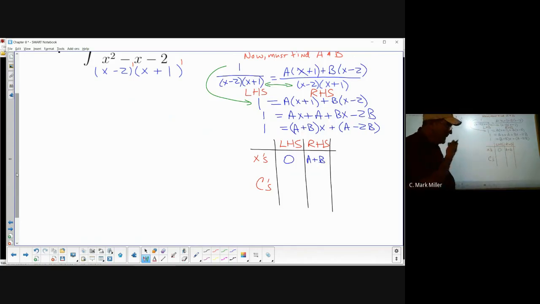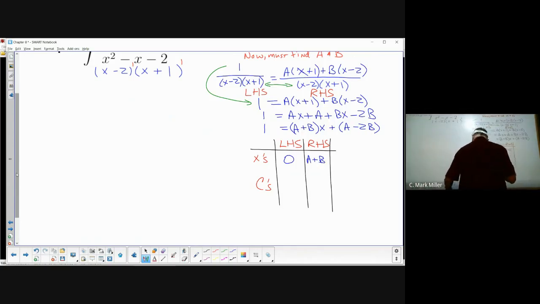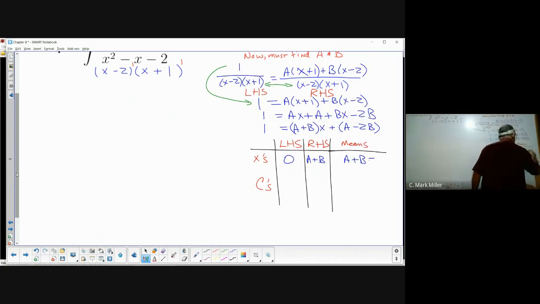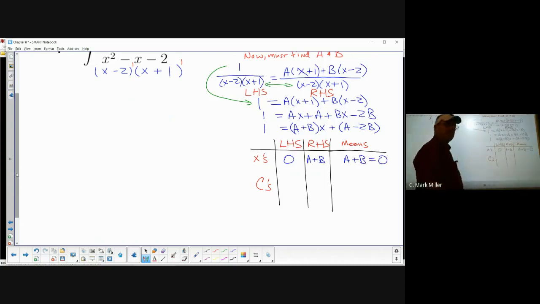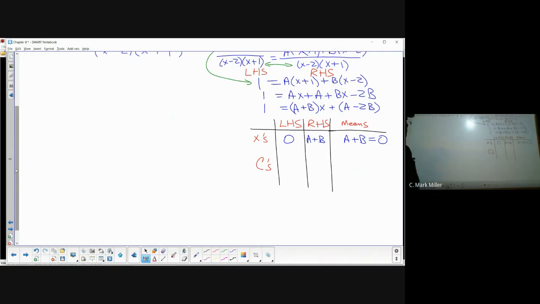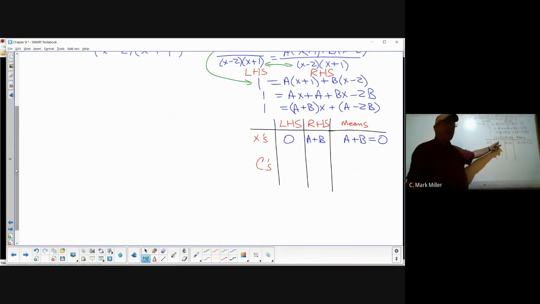That means that a plus b has to equal 0. Right? The number of x's on the left, 0, has to equal the number of x's on the right, which is a plus b.